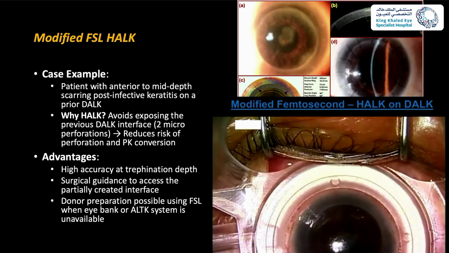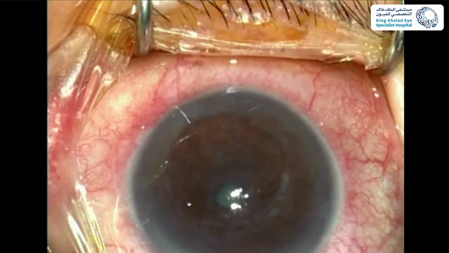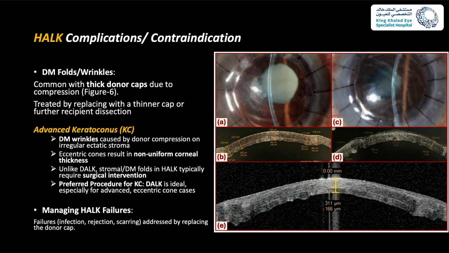In one image, when they did this HALK on a keratoconic patient, the lens was white. Which case? Let me see. Yeah, there. To be honest, I'm not sure which case this is, but I remember that when they removed the graft, they did cataract surgery. So this is not pre and post op.